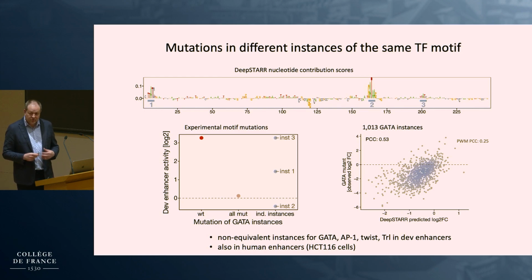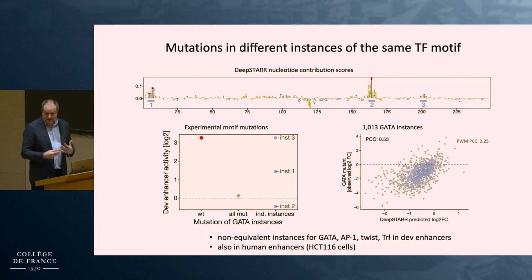So this was extremely exciting to us, aiming to understand how enhancers work. We also found and validated this for AP-1, Twist and Trl motifs in Drosophila S2 cell enhancers, and also in human enhancers of the colon cancer cell line HCT116.